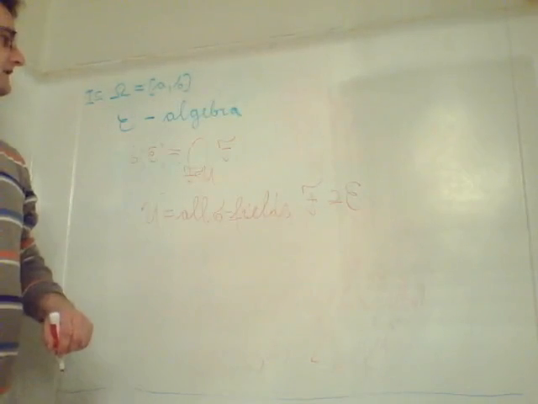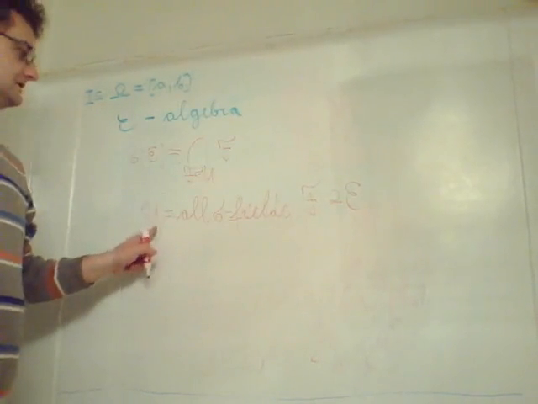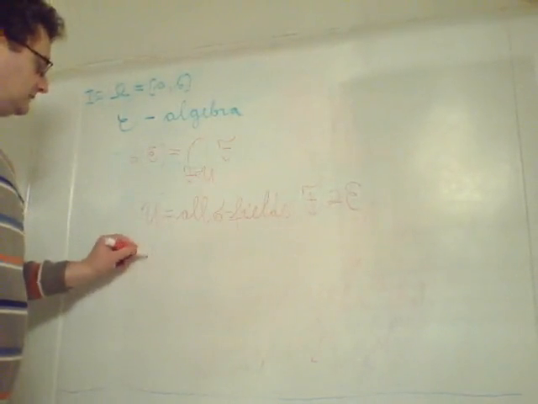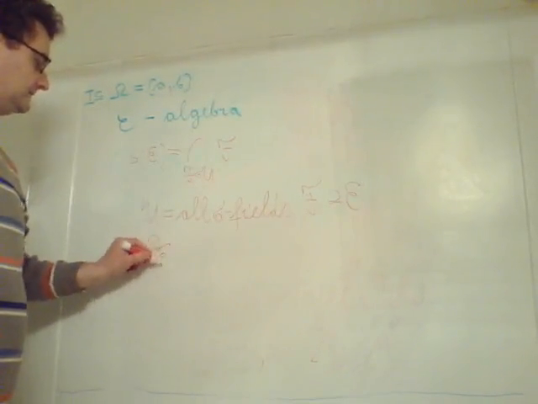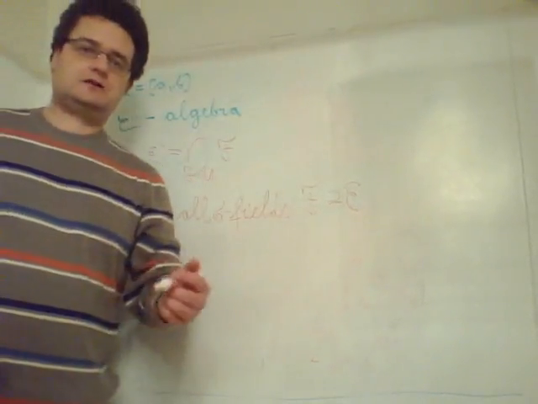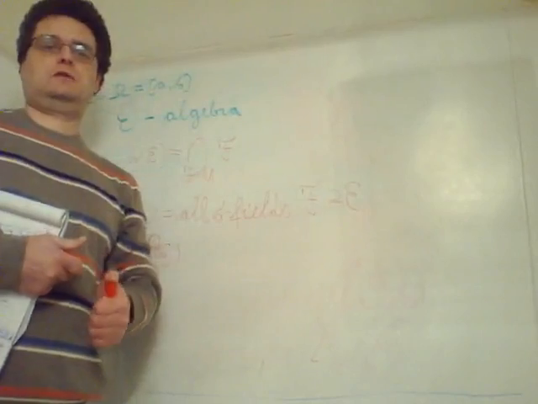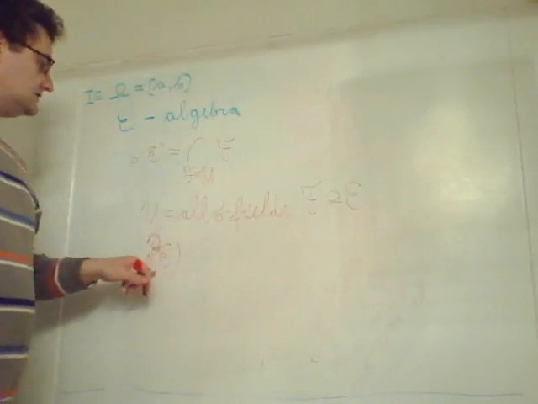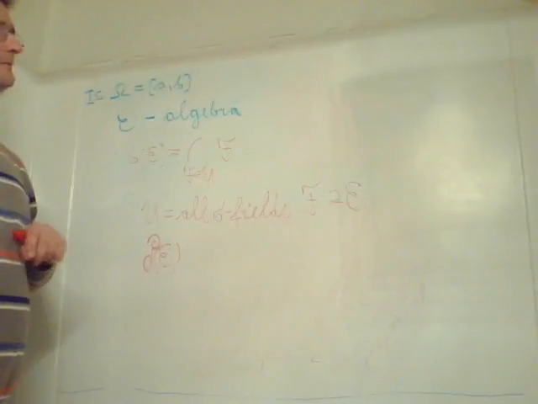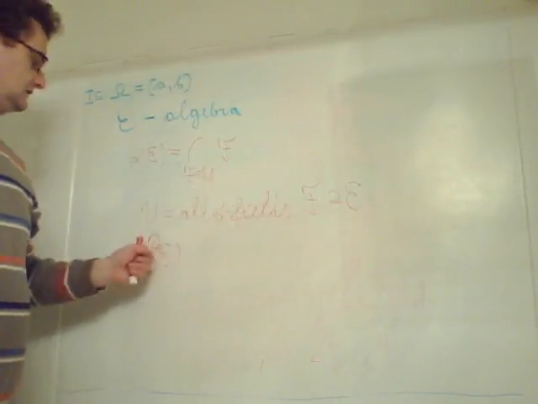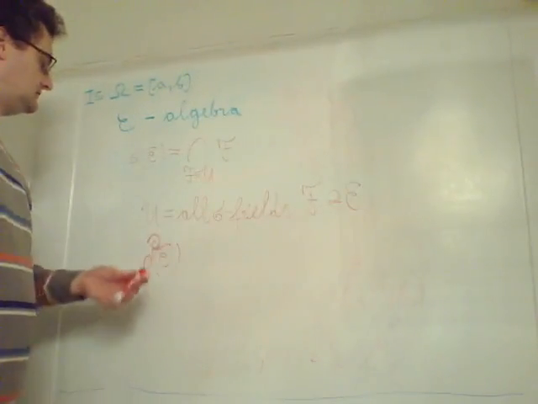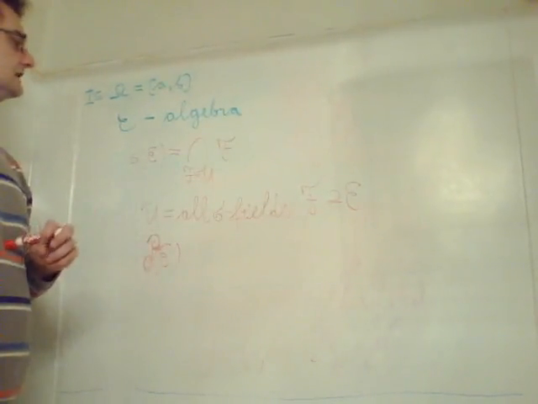Okay? So this collection U is non-empty because if you take P of E, the power set of E, it is a sigma algebra. The power set of any set is always a sigma algebra on that set. So P of E is in this collection U, and definitely P of E contains E. So definitely U is non-empty.